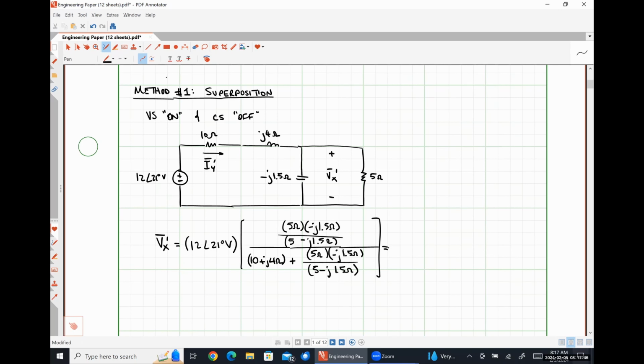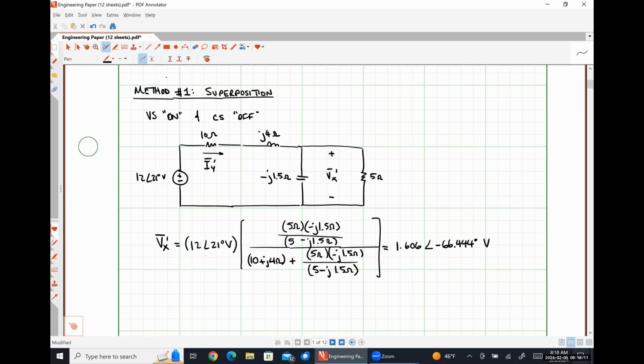I got 1.606 with an angle of negative 66.444 degrees volts. That's the polar representation.